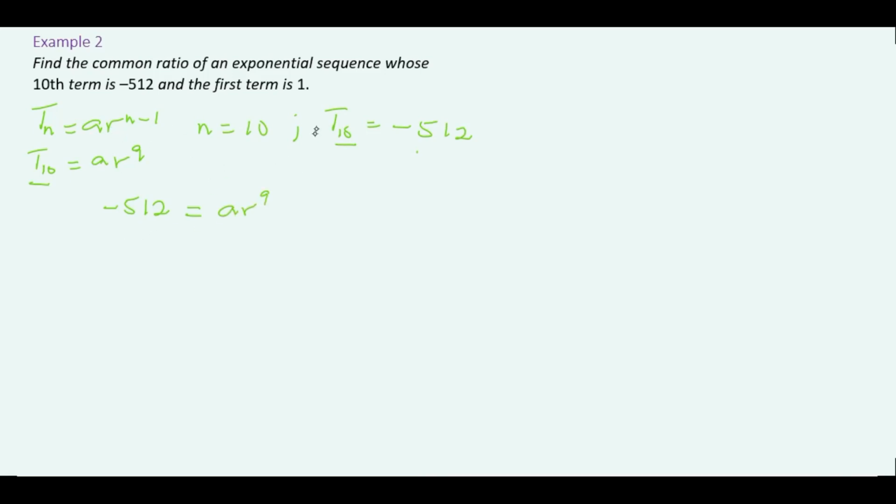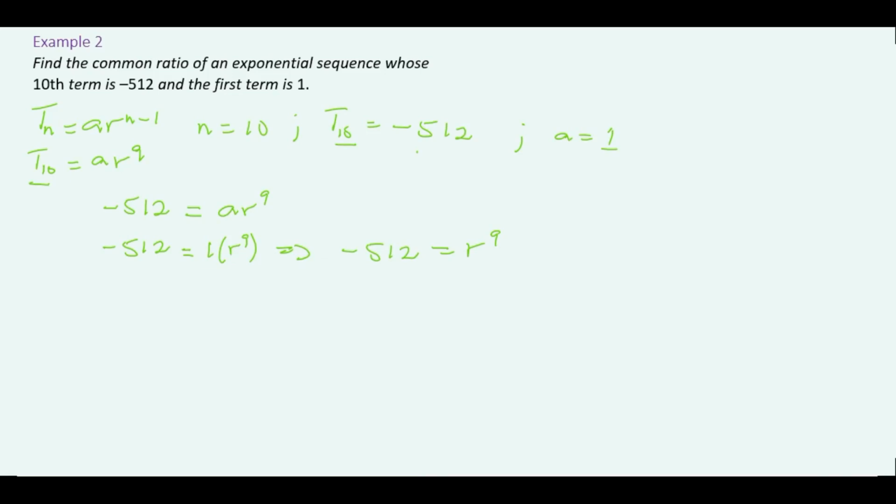We know that our first term is 1, so a is equal to 1. So we have minus 512 is equal to 1 times r raised to power 9, so minus 512 is equal to r raised to power 9.